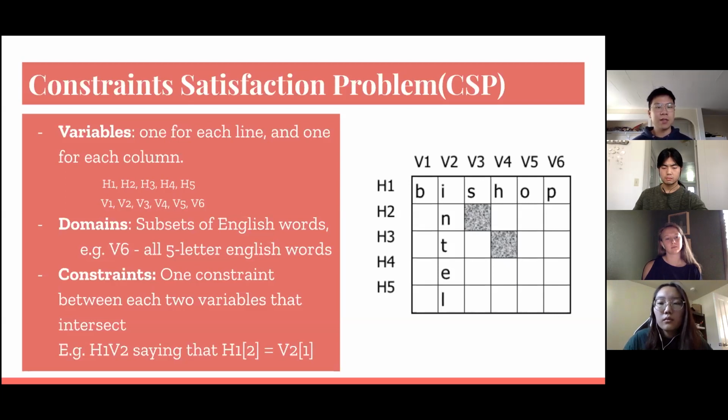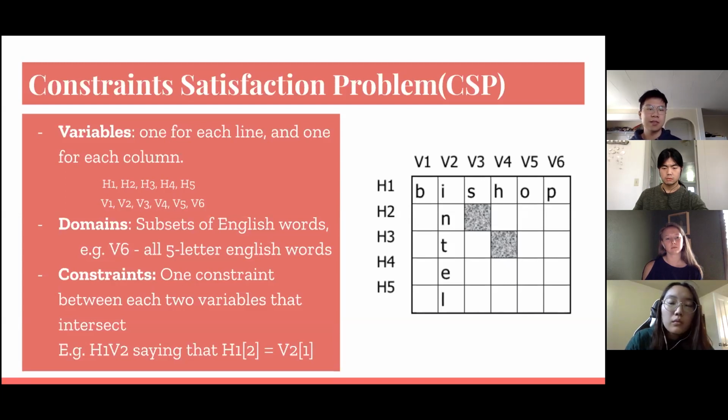So then the next thing would be the constraint. The constraint in our problem would be the letters where 2 variables intersect. As the example for H1 and V2, if we're filling the word shop for H1, then the constraint we impose for V2 is that V2 has to be a word starting with the letter I, and therefore in our case we're filling the word Intel into it.